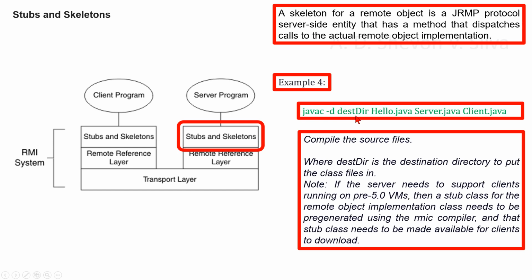Note that if the server needs to support clients running on pre-5.0 VMs, then the stub class for the remote object implementation class needs to be pre-generated using the RMIC compiler, and that stub class needs to be made available for clients to download.